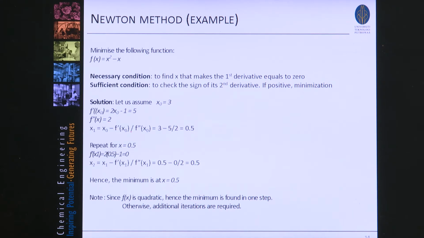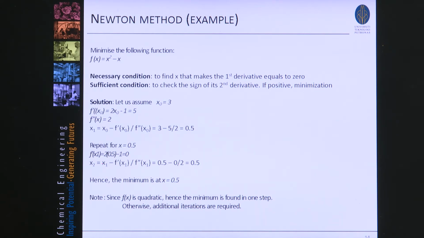We plug it into that equation. So the new x is equal to the old x minus the first derivative divided by the second derivative. So 3 minus 5 divided by 2 is a half. So this half, we put it back into the same equations. 2 times a half is 1. 1 minus 1 equals 0.